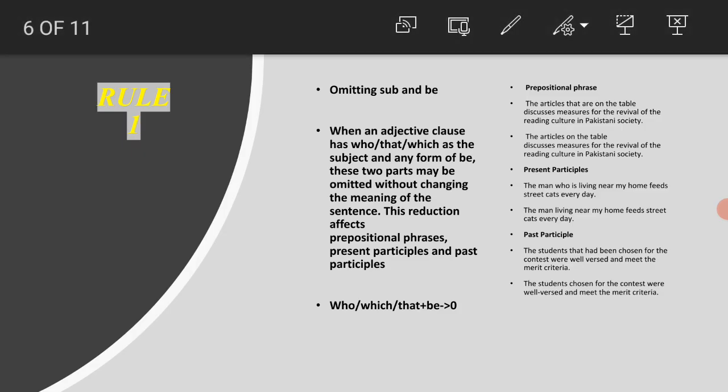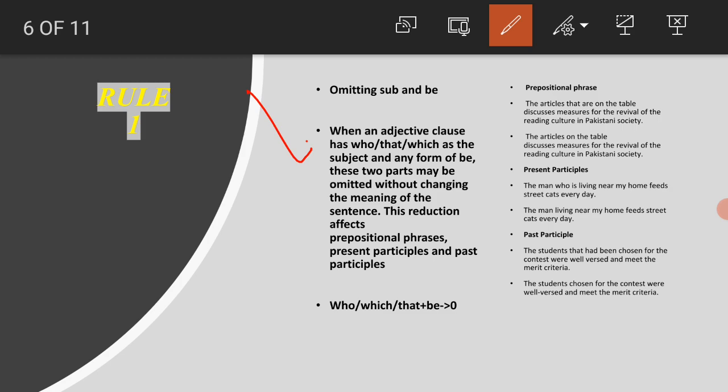Now, there are some rules. In fact, there are just two rules for reducing adjective clauses, and they are quite easy. The first rule says that when an adjective clause has who, that, which as the subject plus any form of be, these two parts may be omitted without changing the meaning of the sentence.